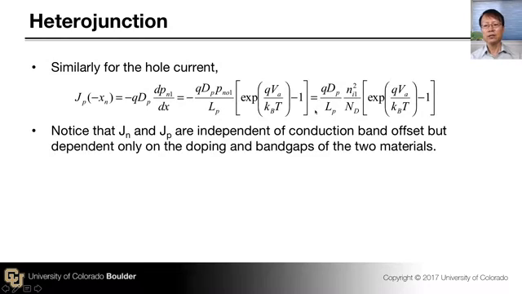And it is noted here that both the electron current and hole current are independent of the conduction band offset or the valence band offset, but only depend on the difference in band gaps. So in other words, it does not matter how the bands are aligned relative to each other. The difference in band gap is the only factor that matters here.